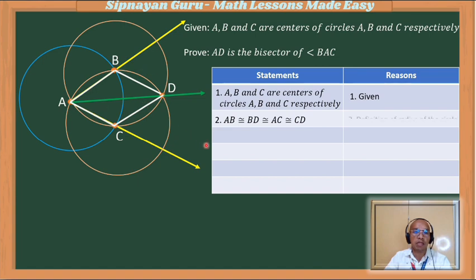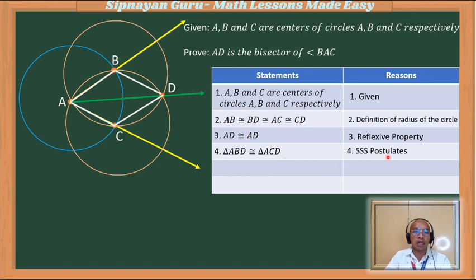So, these four segments are congruent by the definition of the radius of the circle. Now, thirdly, as you can see, this segment, AD, is common to these two triangles. So, by reflexive property, we can establish that this segment is equal to itself. So, we can now conclude that triangle ABD is congruent to triangle ACD by SSS postulate, or the side-side-side postulate.